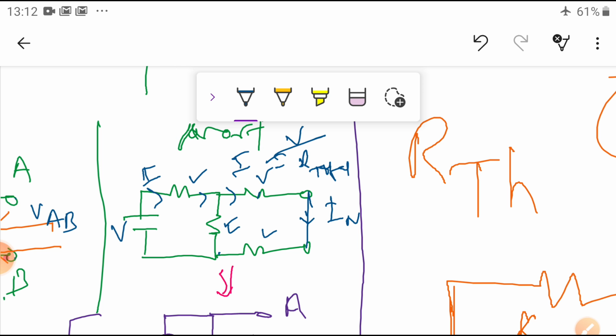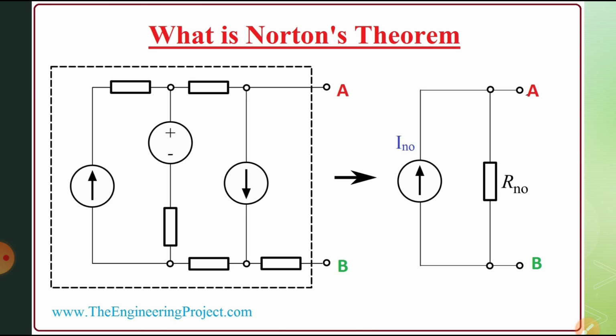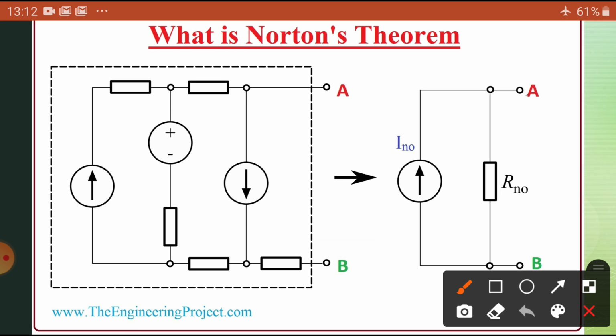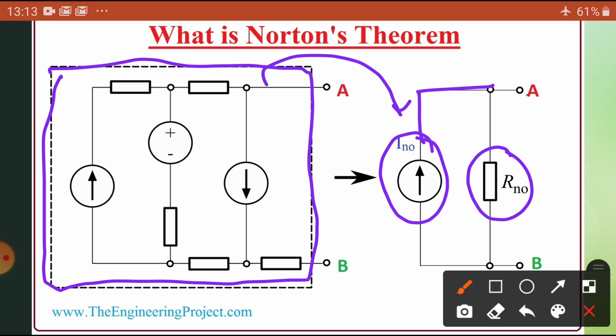So here is the basic concept. Now let us see what Norton's theorem is. What we discussed in the introduction is represented in figure form. This complex circuit is represented by just one current source and one resistance connected in parallel.